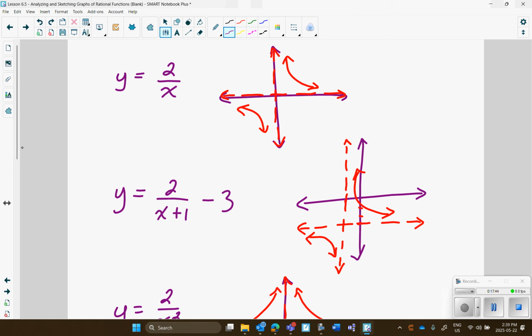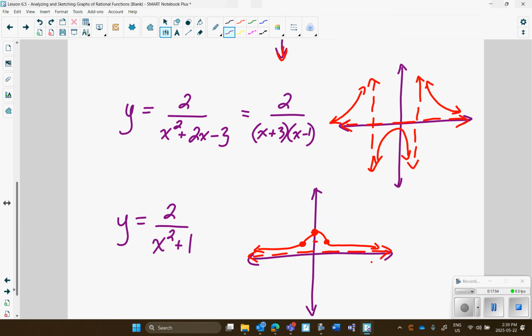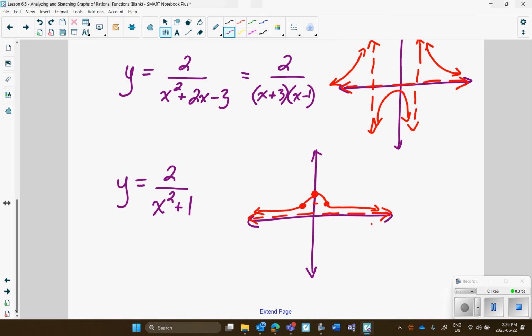What's the degree of this one? 1. So this is less than this, which means there's a horizontal asymptote there. Same idea with here. What's the degree of this one? None. What's the degree of this one? 2. So this is less than this, which means there's a horizontal asymptote at y equals 0.